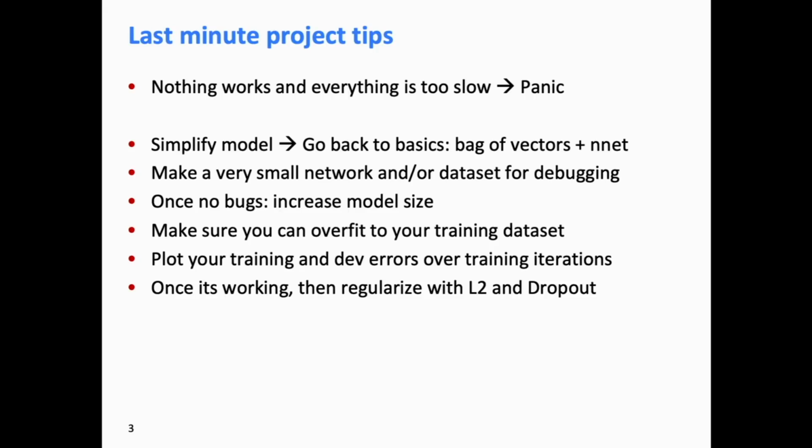Once things are working, there are a whole bunch of things to make it work better: regularization with L2 and dropout, and time to do hyperparameter search. Often doing these things can make quite a lot of difference to your final results, so it's good to have time to do them. But clearly you want to get things working first before you go on to that.